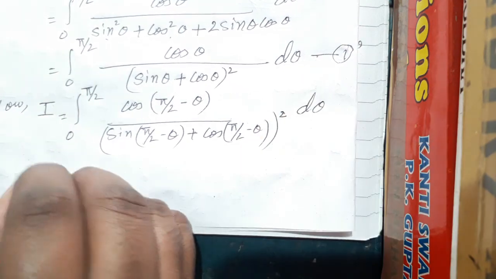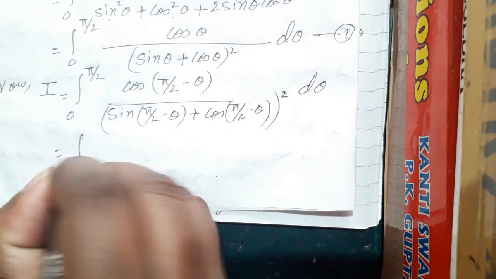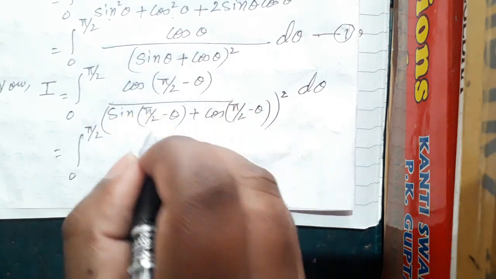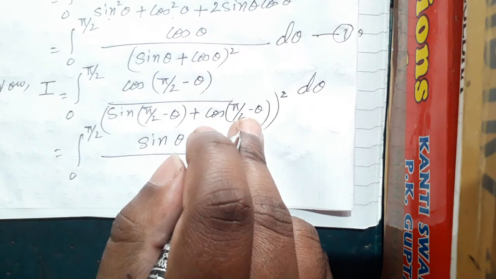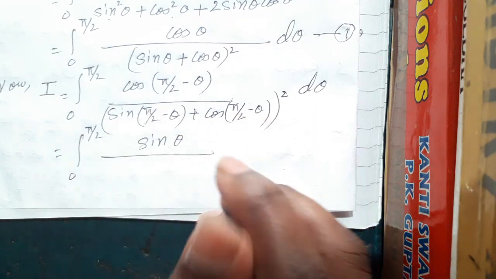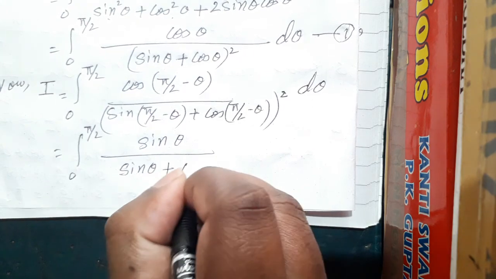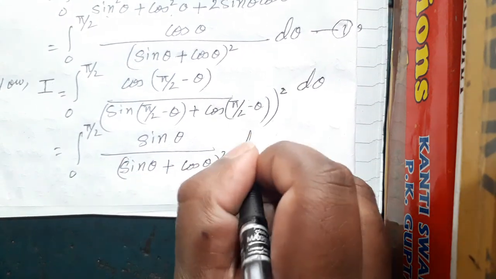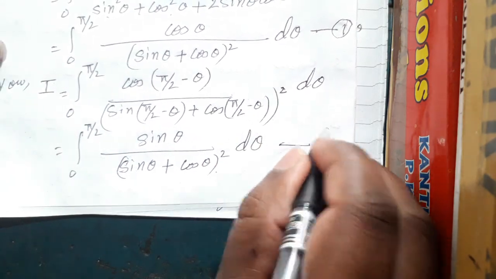Cos pi by 2 minus theta is sine theta, so here we get sine theta, and here we get cos theta plus sine theta, that is the same as sine theta plus cos theta. So I can write this as sine theta plus cos theta whole thing square d theta. So we get this. Now this we call equation 2.